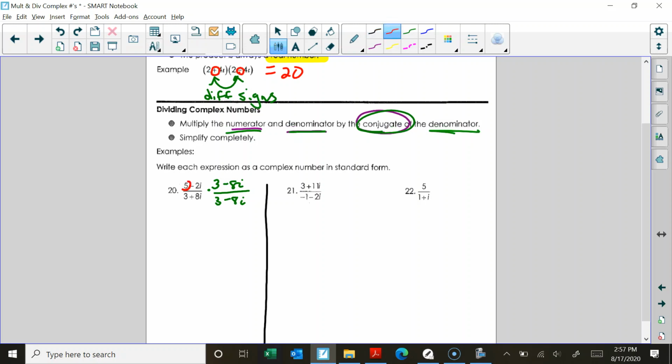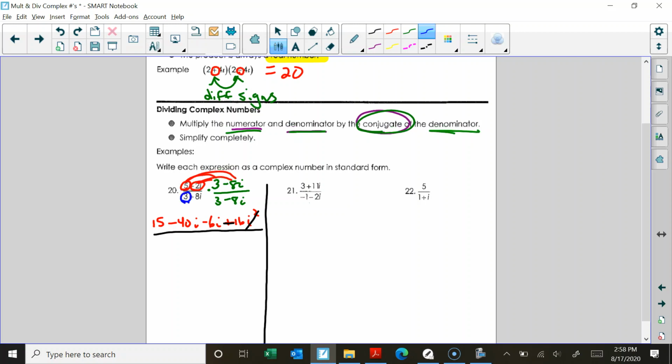So 5 times 3 and 5 times negative 8i is 15 minus 40i, and then we have negative 2i times 3 and times negative 8i, negative 6i, and positive 16i squared. And if you remember from the multiplication, i squared changes a sign. So that's the top. Now we get to go to the bottom.